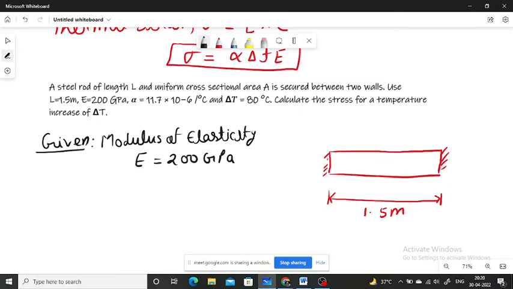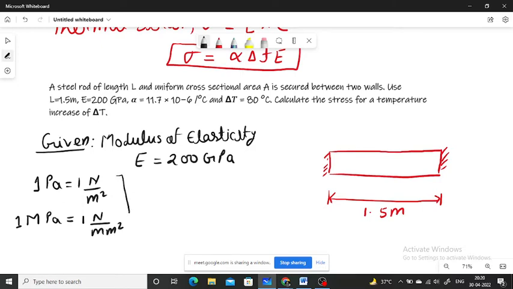Here we know that 1 pascal is equal to 1 Newton per meter square, or 1 megapascal is equal to 1 Newton per mm square.